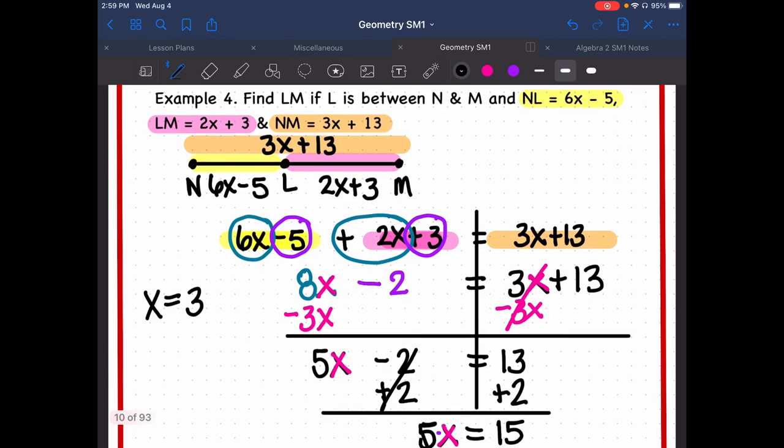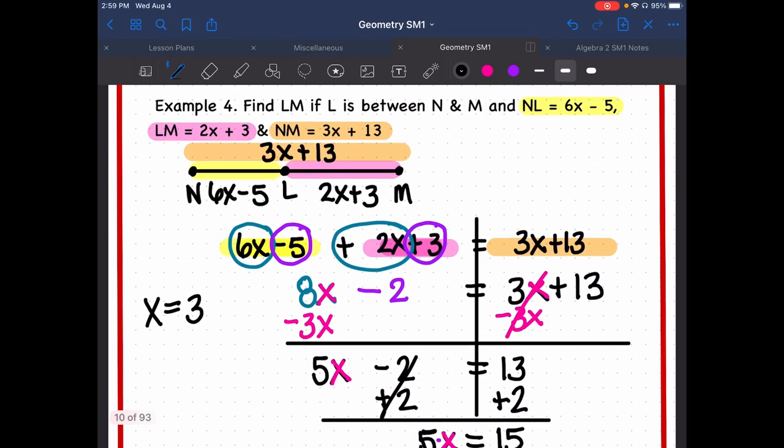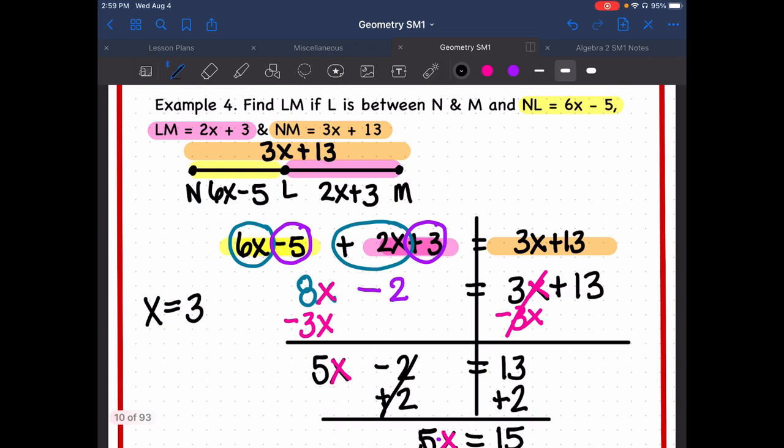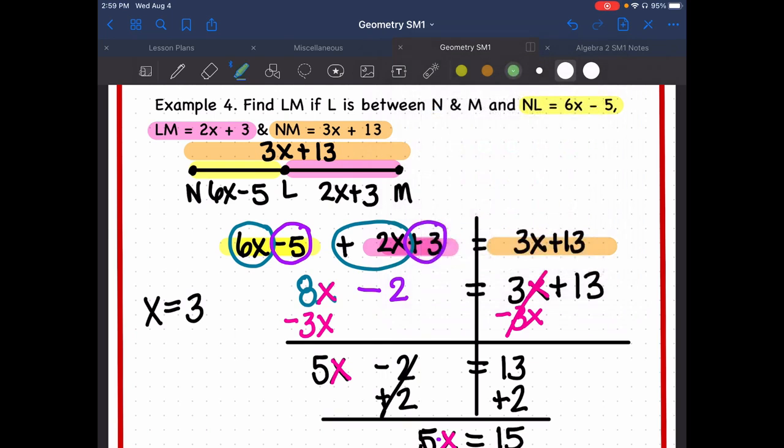Let me go back and read to see what they wanted me to find. They wanted me to find LM. I'm going to highlight that in my light green. Find LM. Well, LM is really the pink part. Why am I highlighting it in green?